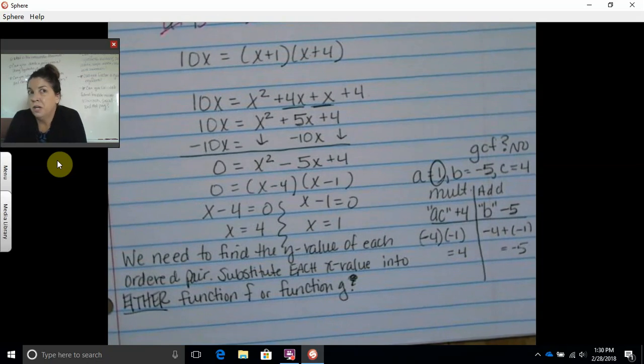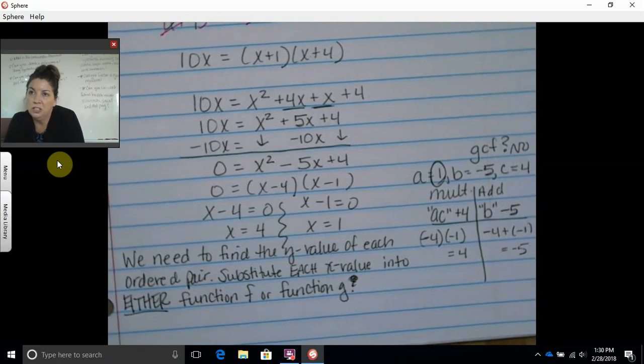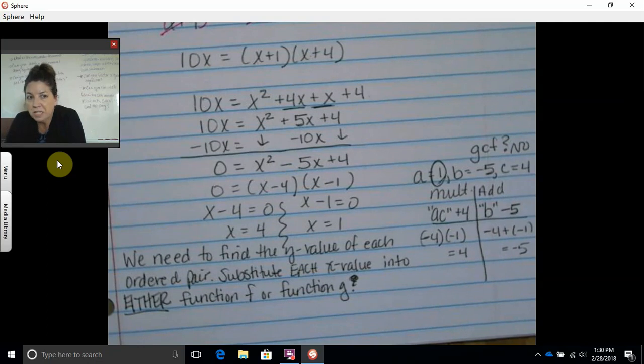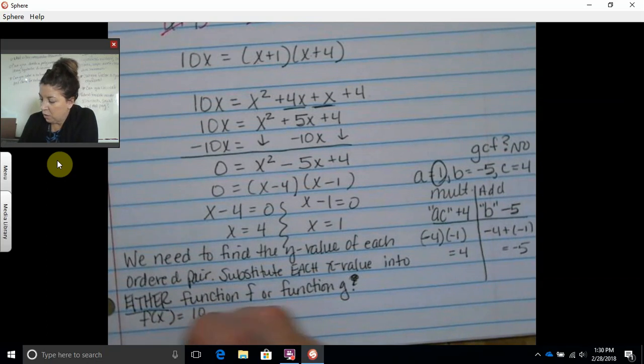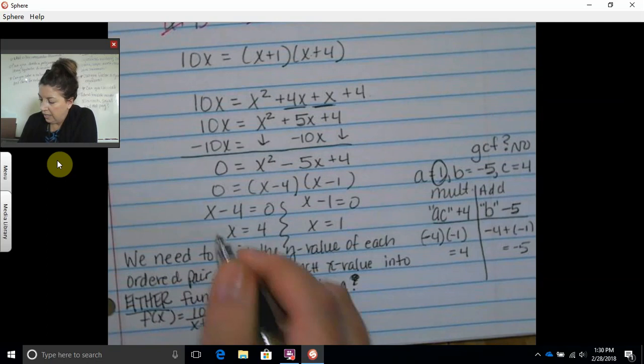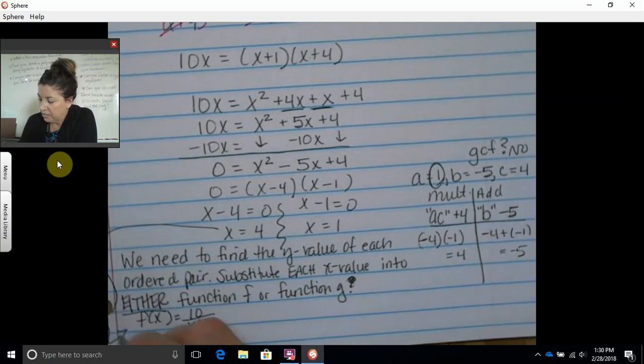So I could substitute one into function f and one into function g, or I could substitute both of them into function f or both of them into function g. It doesn't matter. You're going to get the same thing, okay? So I'm probably just going to use function f for both of them. Function f was f of x equals 10 divided by the quantity of x plus 4. And at this moment, I'm finding when x is 4. So I'll do f of 4 equals 10 divided by 4 plus 4 gives me 8.